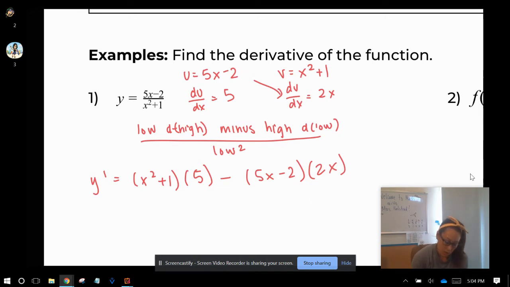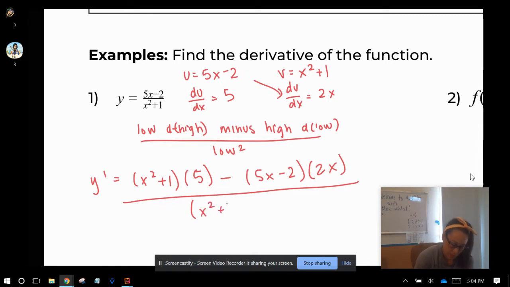All right, all over my low squared, which is x squared plus 1 squared.